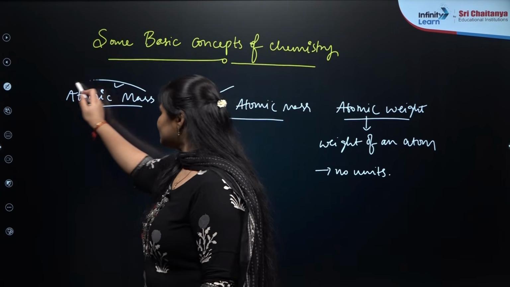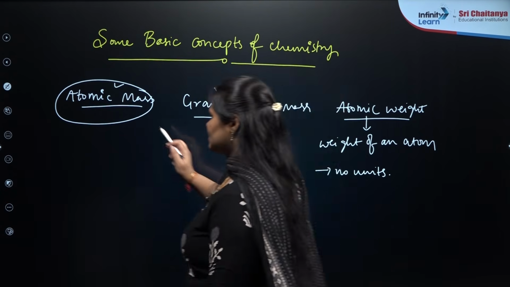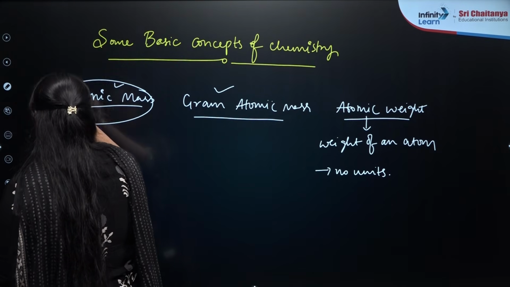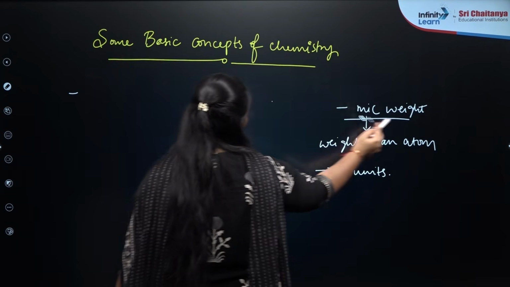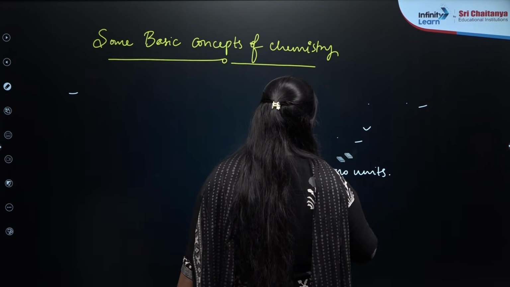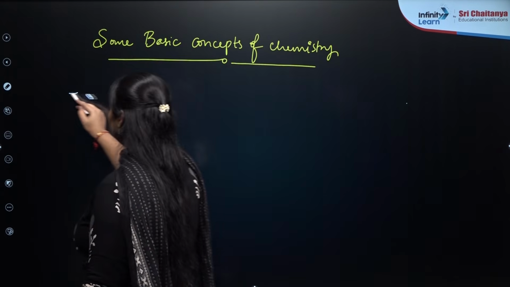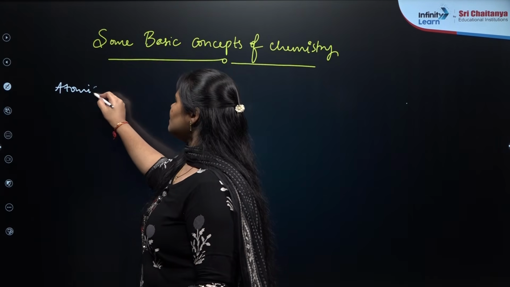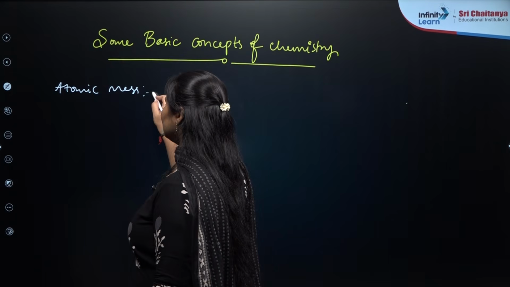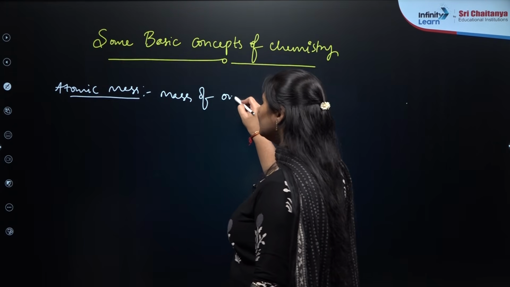First we will discuss how atomic mass came, and then we will go into gram atomic mass. The name itself says it: what is atomic mass? It is a simple definition, so don't take much stress on that. Atomic mass is the mass of one atom.